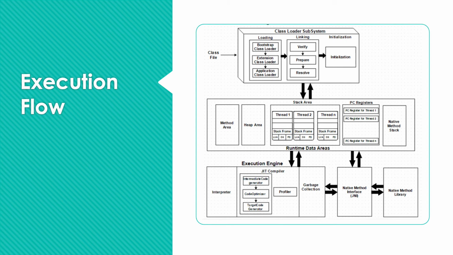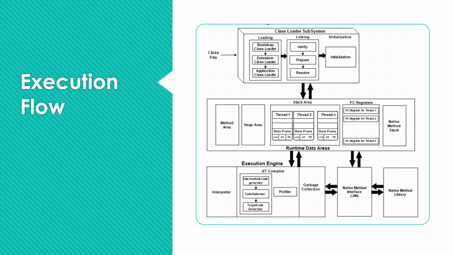Whereas the heap area is going to contain the objects, their instance variables and their data. If you look at the method area and heap area, those are shared resources. It will be one area per JVM, so they are not thread safe.